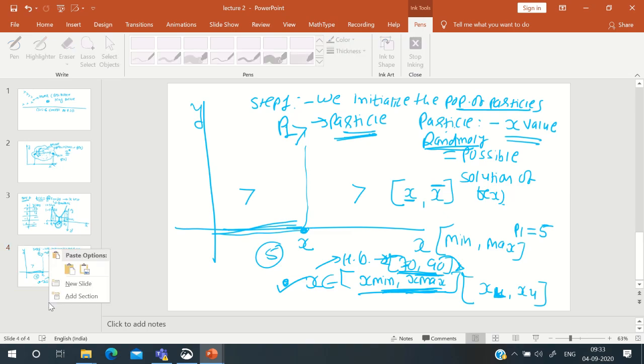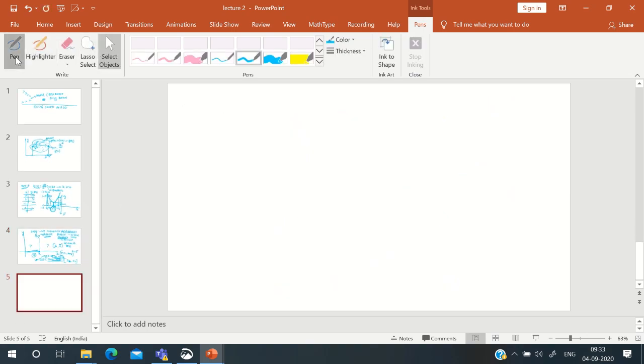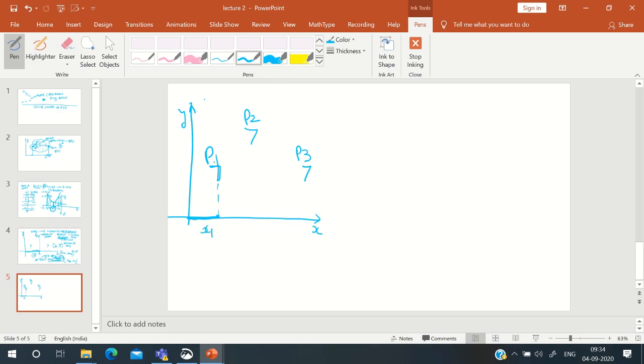Now I create three particles as indicated above. Let us say this is the particle P1, this is P2, this is P3. So in the first step we initialize the x values. This is the x value of particle P1, let us say x1.